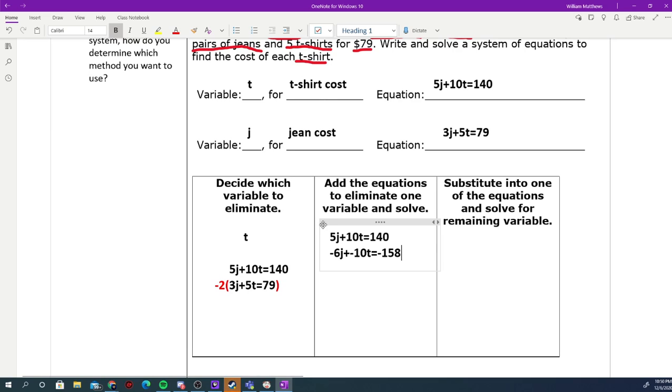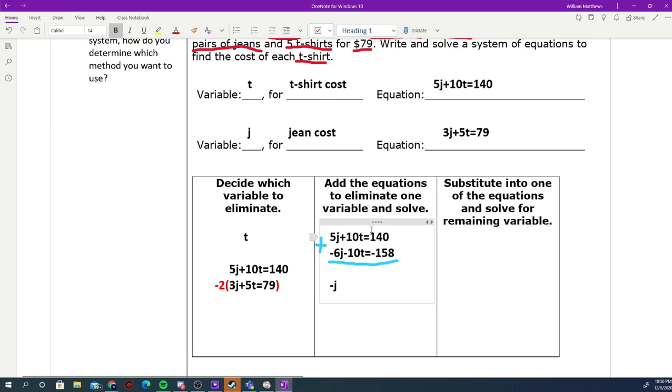Now from here I combine my two equations, which will leave me with negative j. Sorry, I didn't need that plus there.